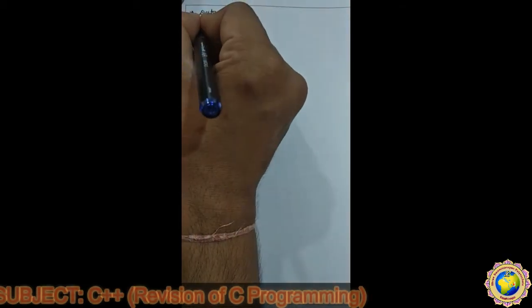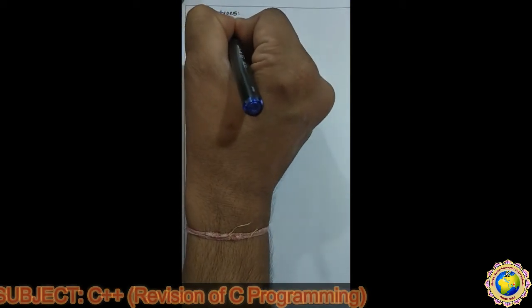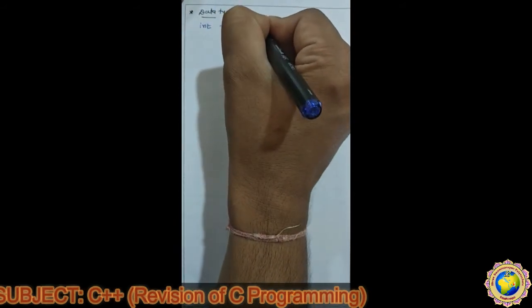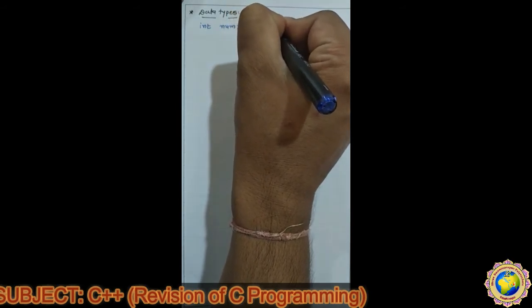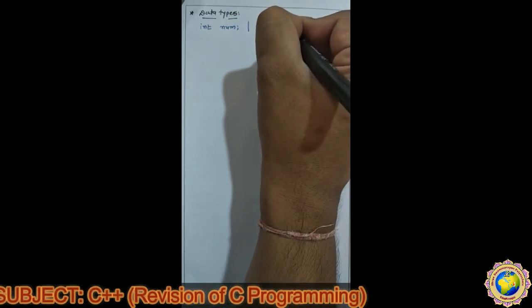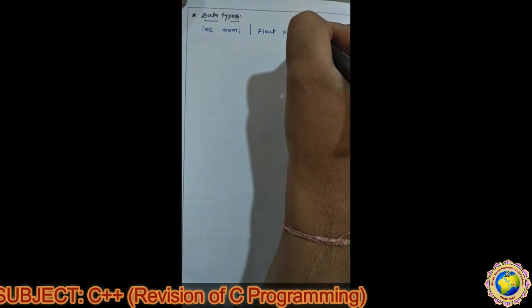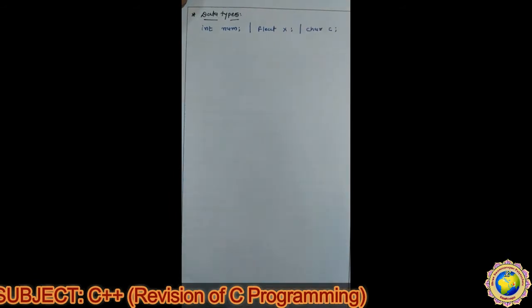For example, we take integer num. In the second example, we take float x. In the third example, we take character c.